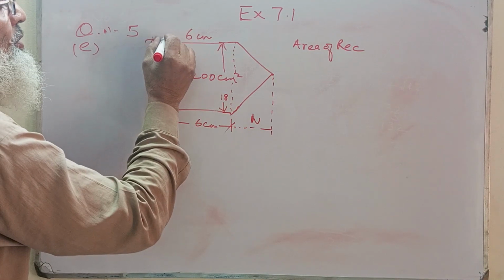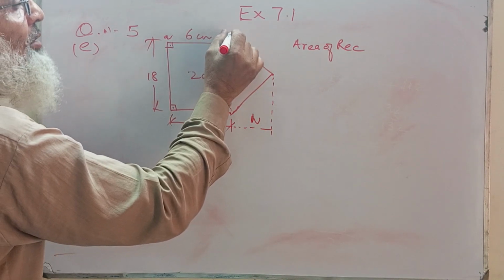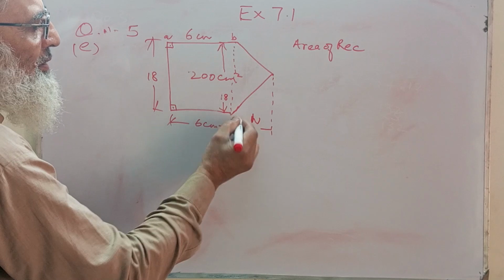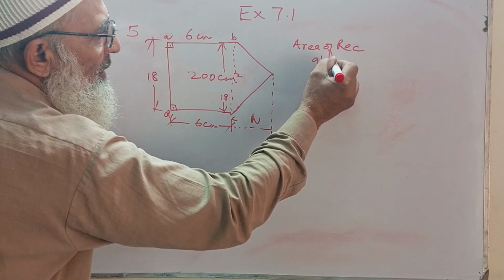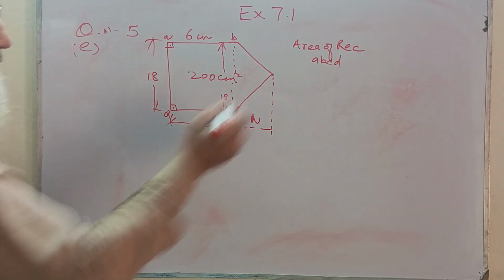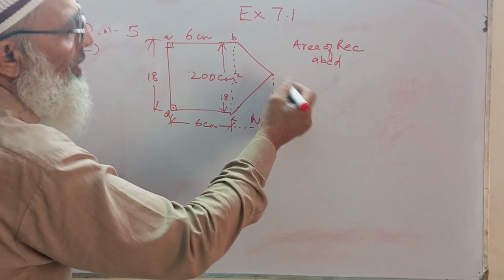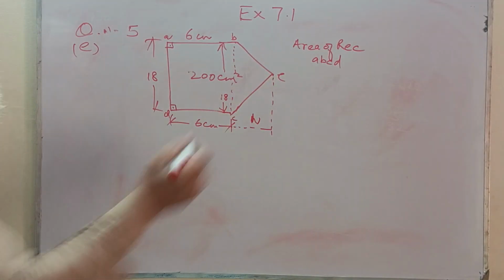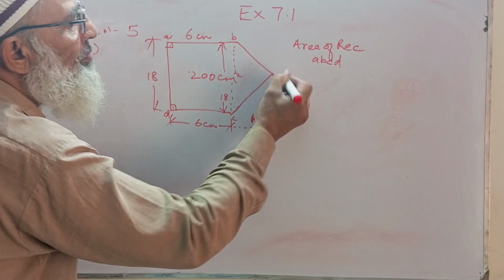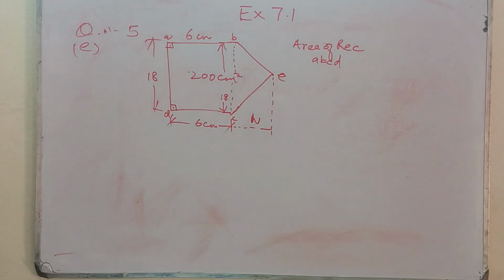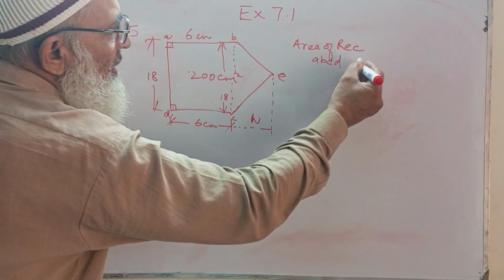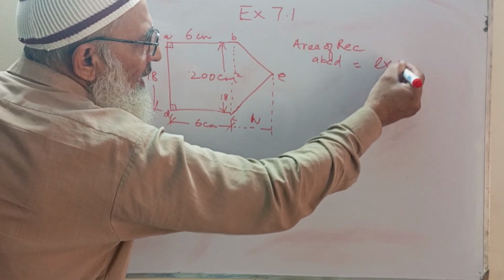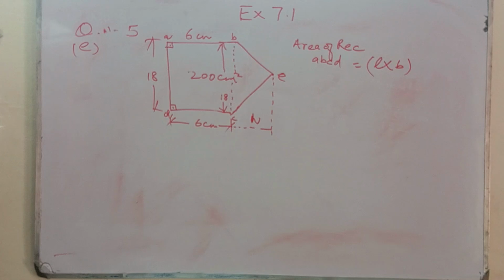You can also name it like this: A, B, C, D. Rectangle ABCD, and this may be E. Now the area of the rectangle is length into breadth.